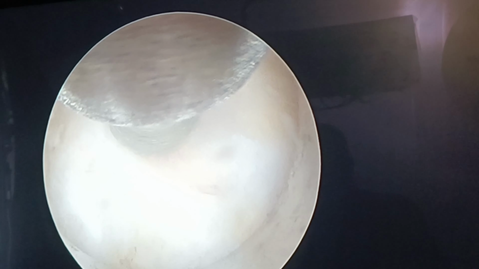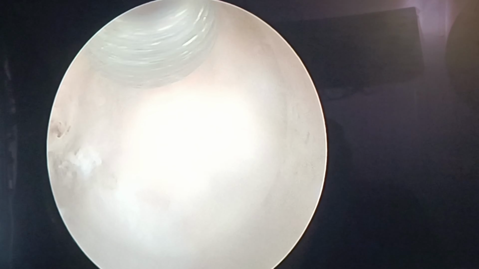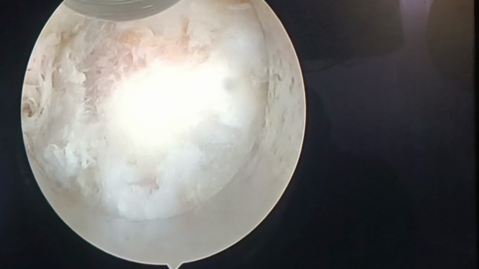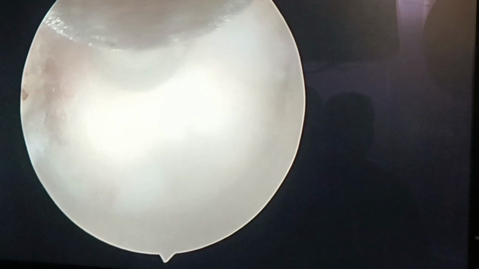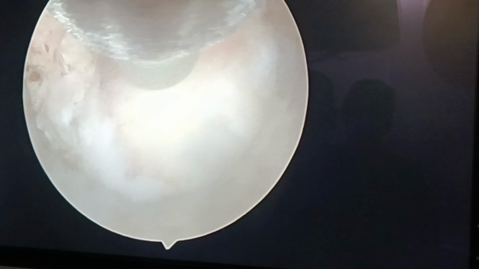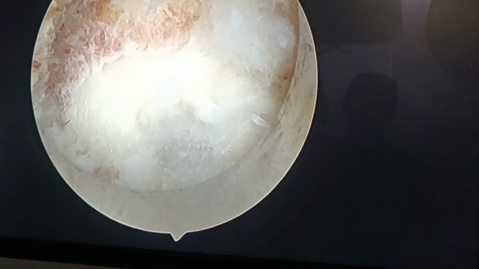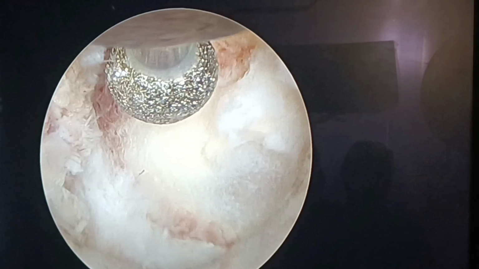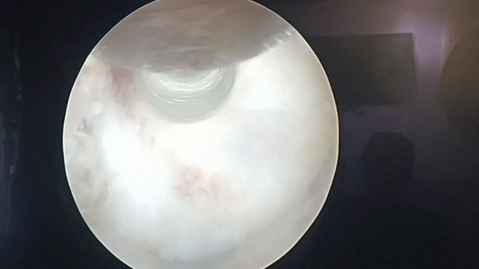So I am continuing the drilling, and as I finish this IAP and lamina, I go towards the midline. This is the base of spinous process drilling, and once I can drill there, I will be able to extend my interlaminar window towards the opposite side as well.